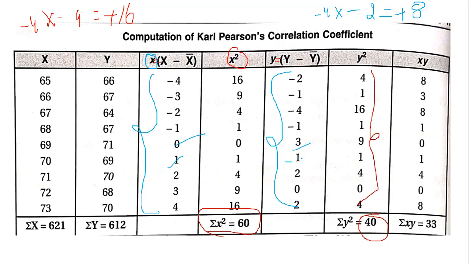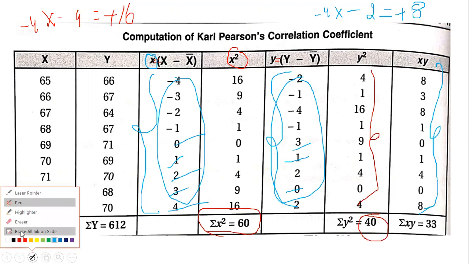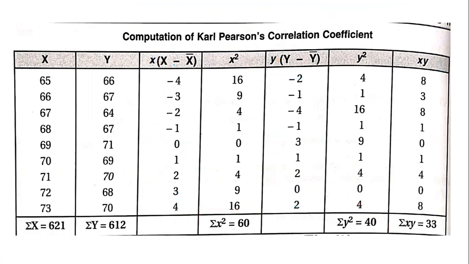Next, 1 into 1 is 1. 2 twos are 4. 3 into 0 is 0. 4 twos are 8. So if you multiply this column and this column, you are going to get x into y. This is another important calculation that we are supposed to do, that is xy. Total this last column and you get sigma xy is equal to 33.